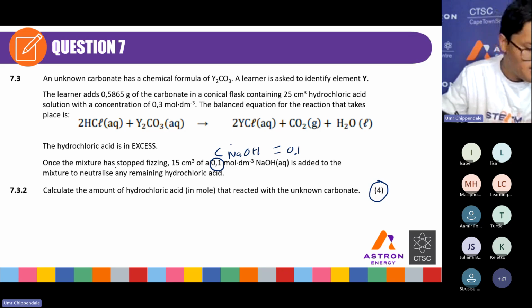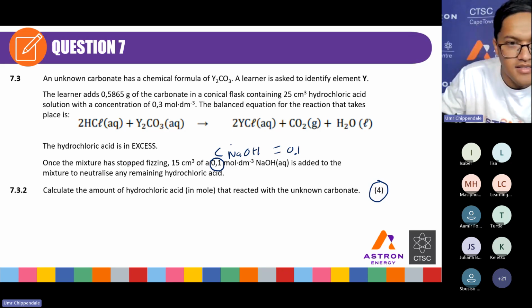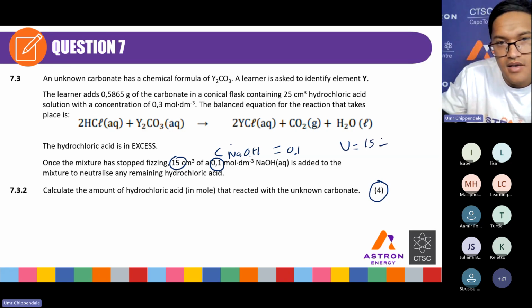And then we also had the volume. They said it was 15. So the volume is equal to 15 divided by 1000, which gives you a value of 0.015 decimeter cubed of your NaOH.